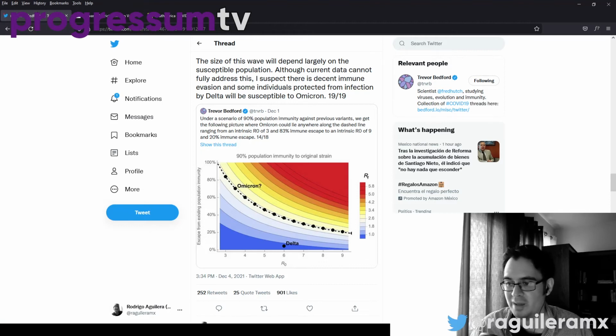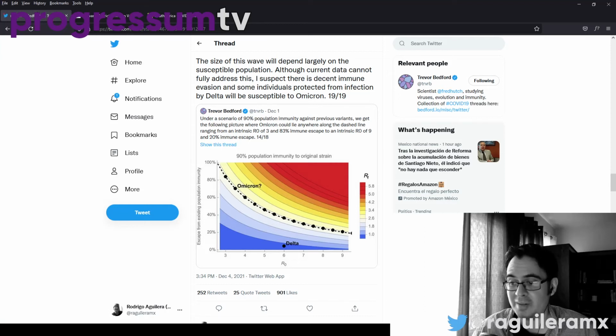We should be okay. So in conclusion, that is why I think my analysis of this tends to be a bit optimistic, in the sense that, yeah, it's not great that we have a variant that is even more transmissible than already a hyper transmissible variant like Delta.